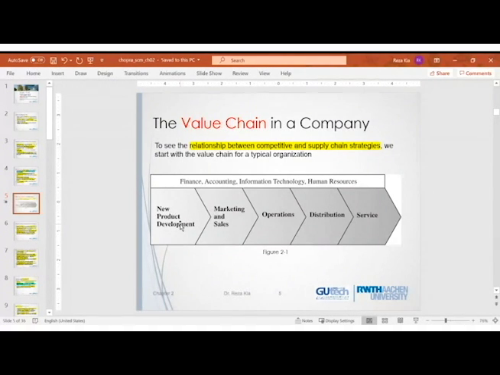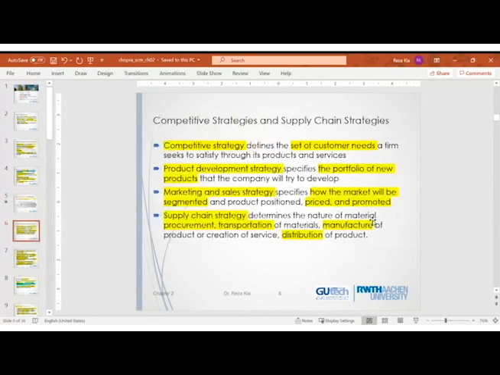We have product development strategy, and in later slides we will have more detail on marketing, operation, distribution, and service strategy. These are the main strategies that we can have in a value supply chain, and all of them should be aligned with the competitive strategy. That could be the discussion of the rest of today's class.